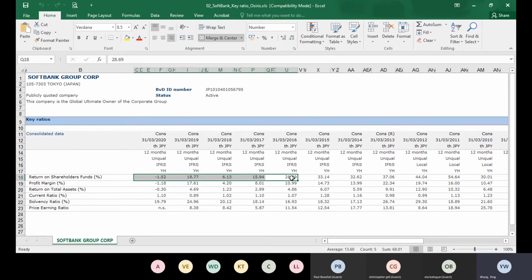So what happened is in 2016, SoftBank purchased Arm in Cambridge in the UK, and the deal value is $31 billion, if I remember, or 24 billion pounds.